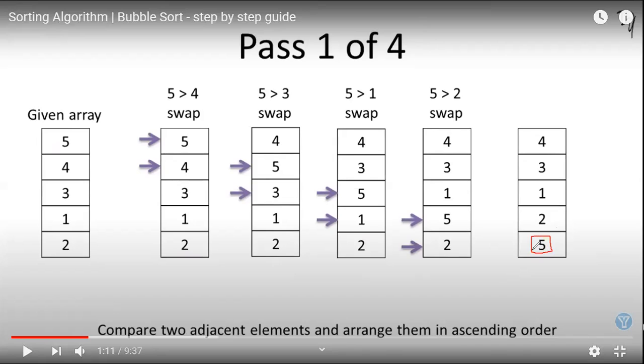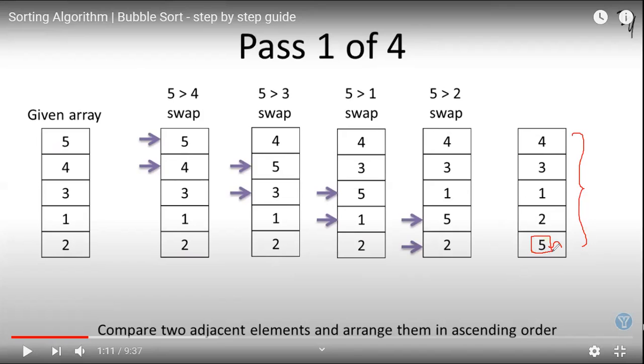So here we can conclude that at the end of the first pass, the largest element in this array, which is 5, will find its own place.